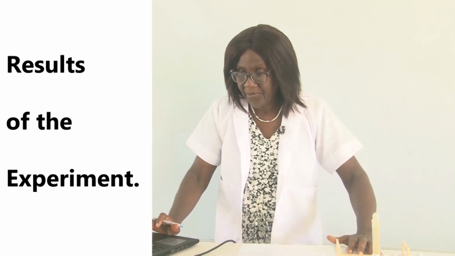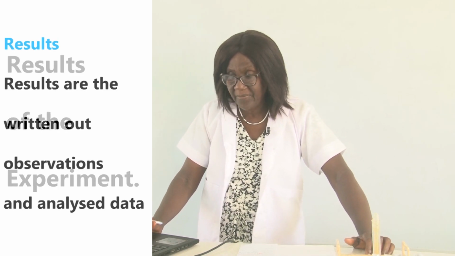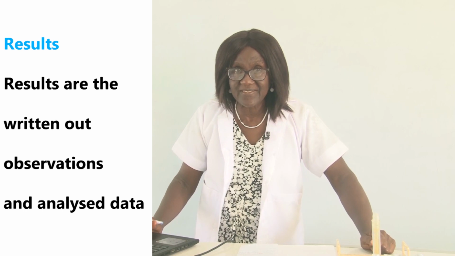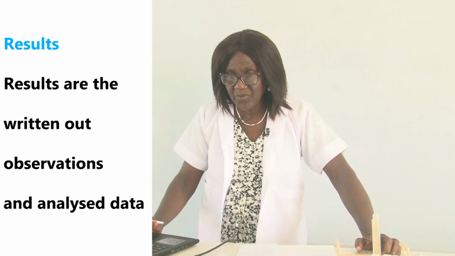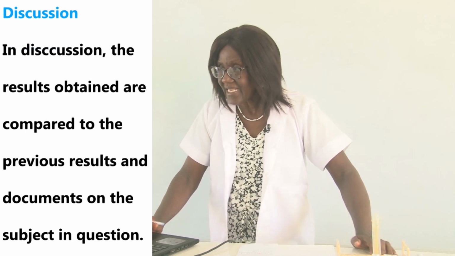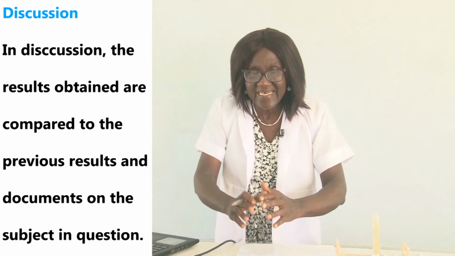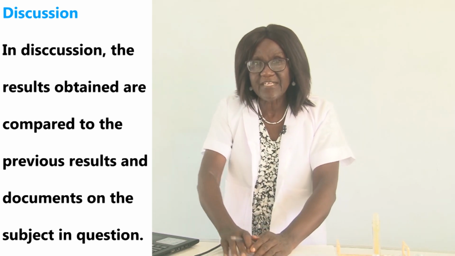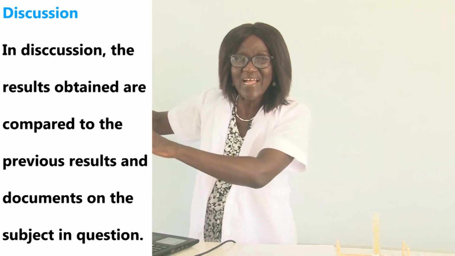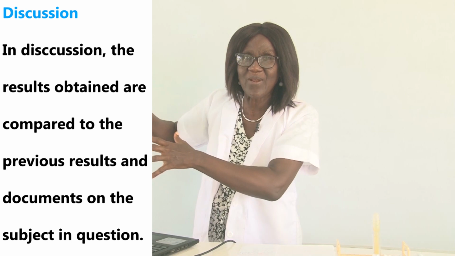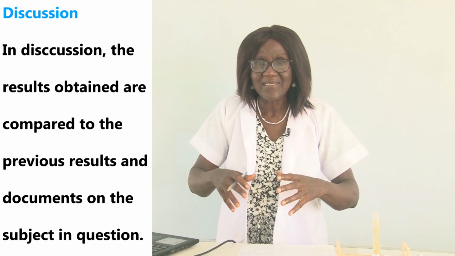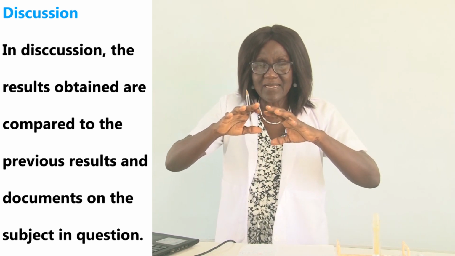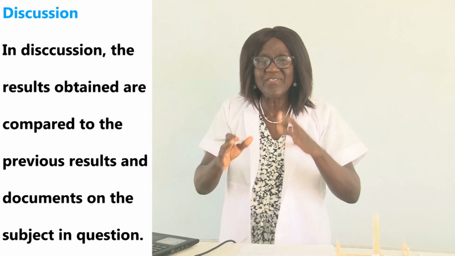Now, after the analyzed data, the results are written out. And the results of the experiment are the written out observations and the analyzed data. Now, after the results are written, we get on to discussion of results. In the discussion of results, the results you obtain in this particular experiment are compared with results of other experiments, similar experiments that people have done. That is, I saw boys in this class, the highest percentage are within this range.